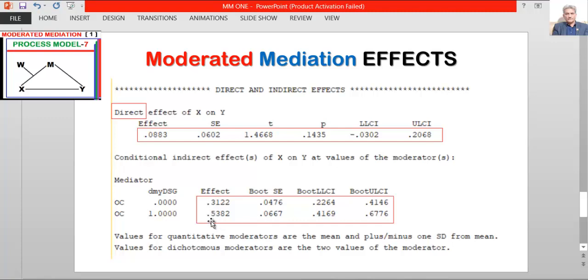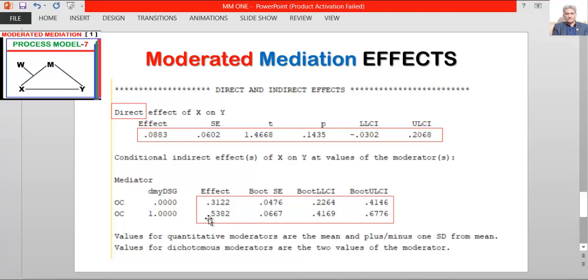You can see that when the officer is under discussion, or when the designation is 1, then the effect of X through OC is greater than the effect of OC on designation with 0.